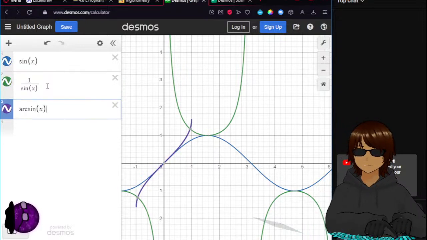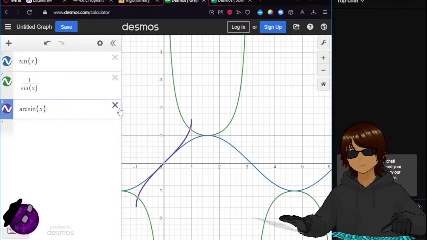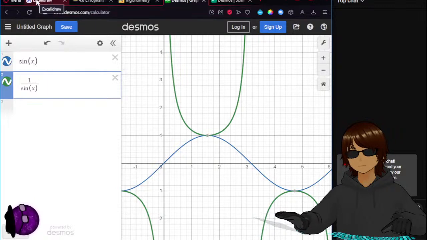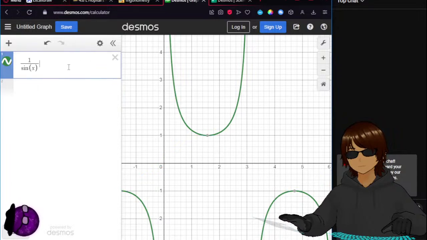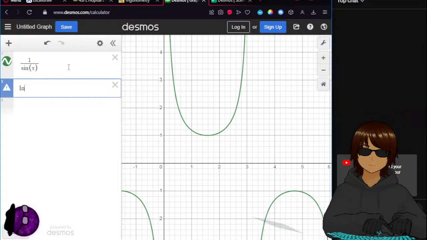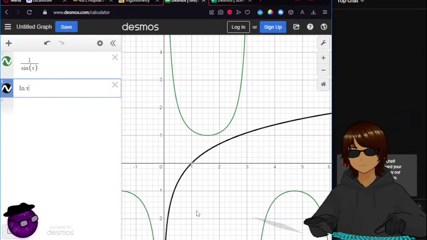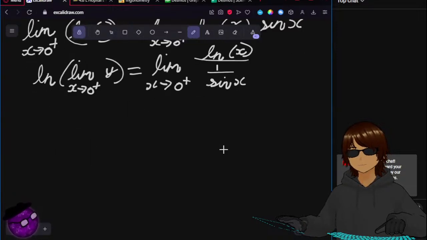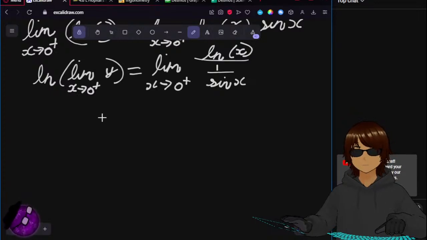So we have negative infinity over infinity, right? Now we find the derivative of this.